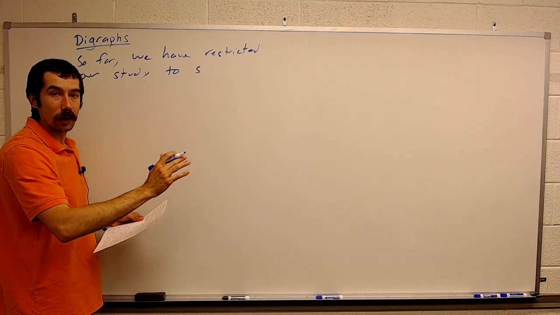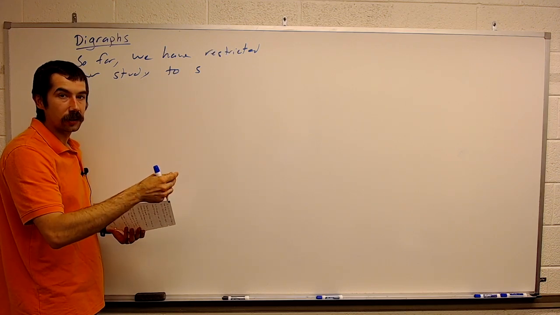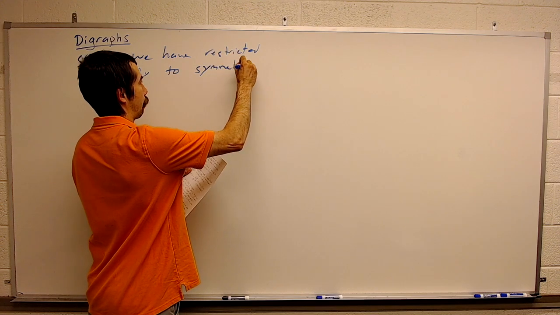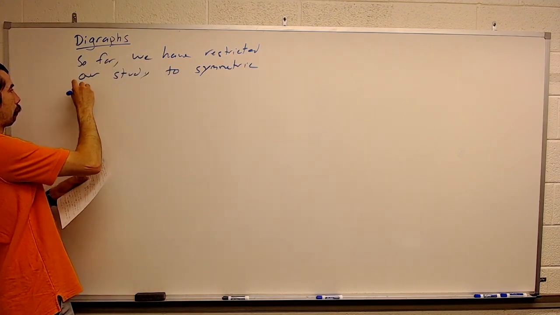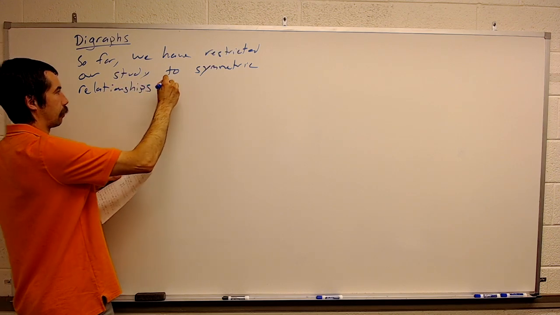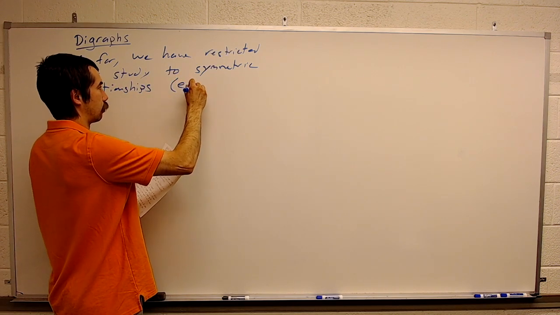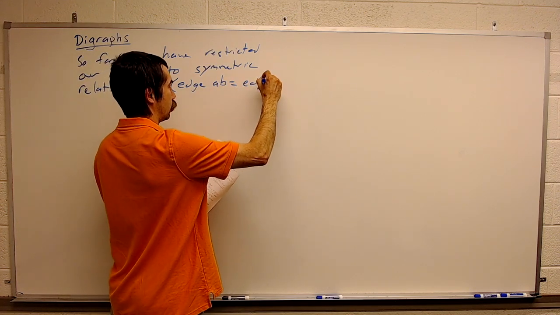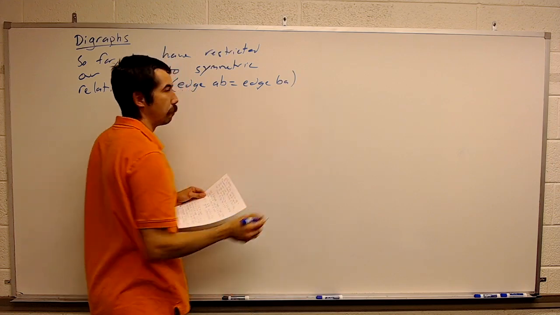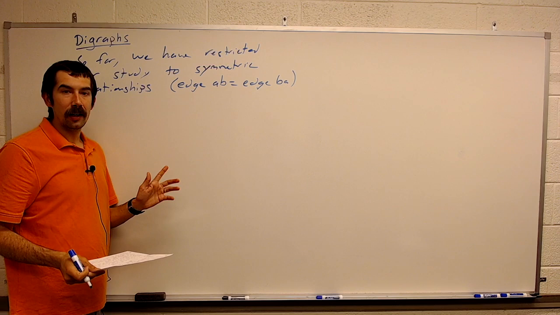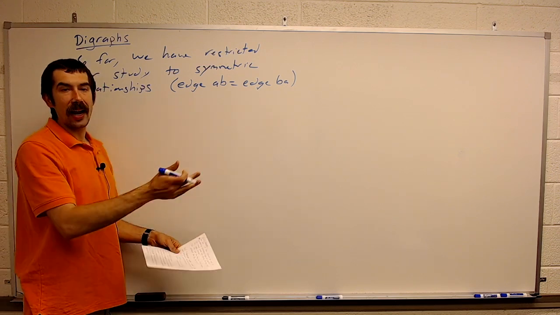Basically, the order that we write an edge doesn't matter. Right, so edge AB is equal to edge BA. But you could imagine situations where you're only allowed to travel along an edge in one direction.